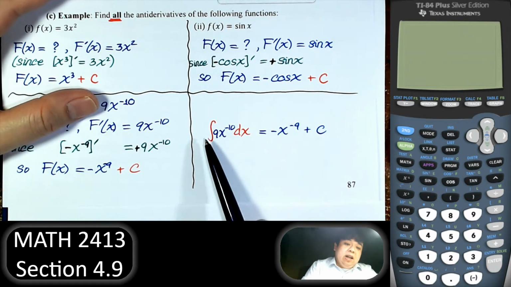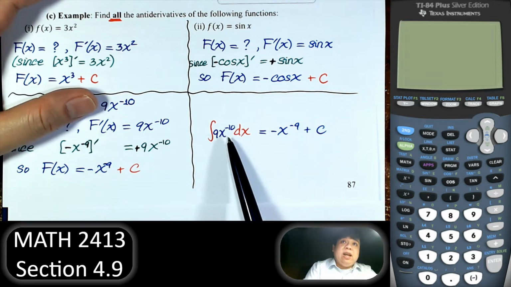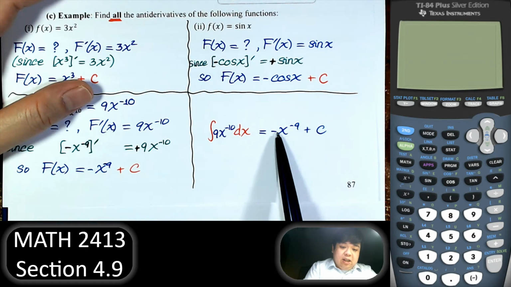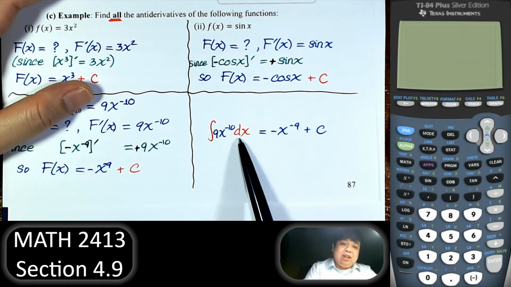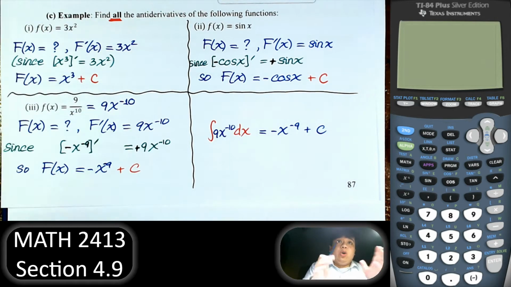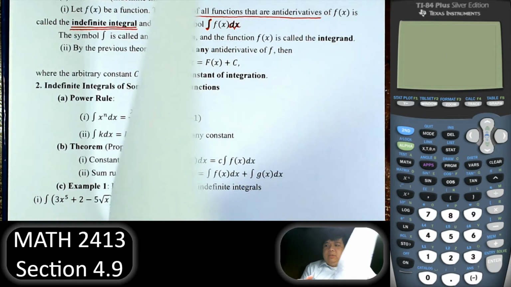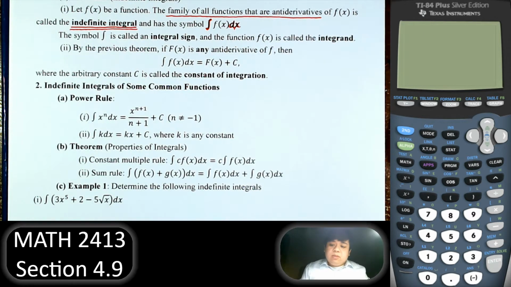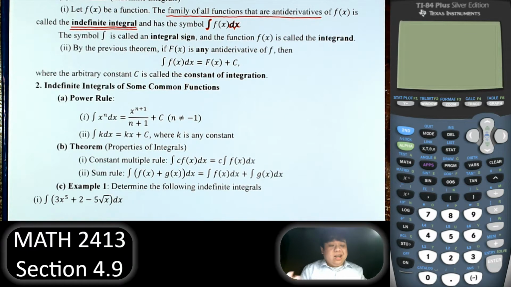And we say the indefinite integral of 9x to the negative 10 is negative x to the negative 9 plus c. Of course, we don't say the dx, we just say indefinite integral. Those together are the integral and dx. Later on, if it is clear from the context, we just say the integral of the function is equal to something.